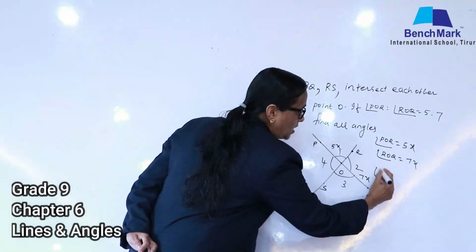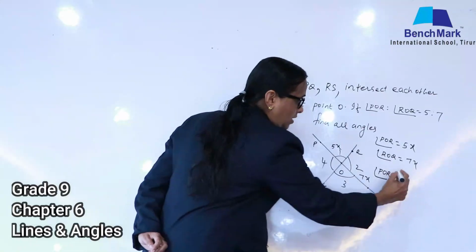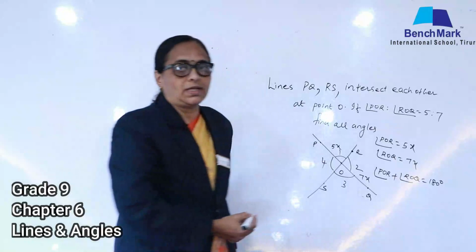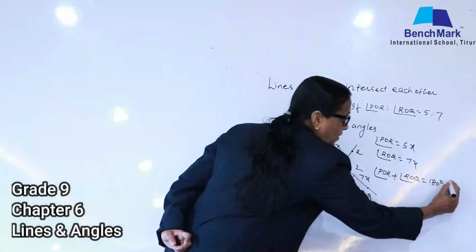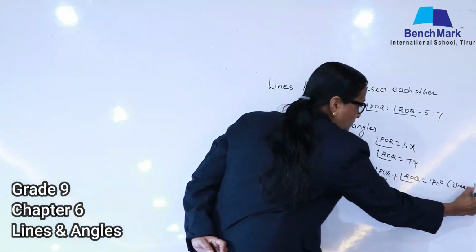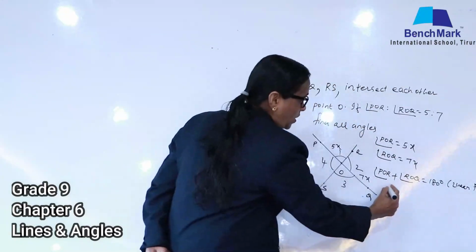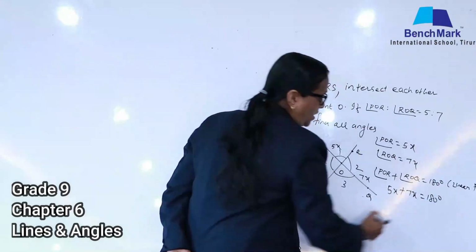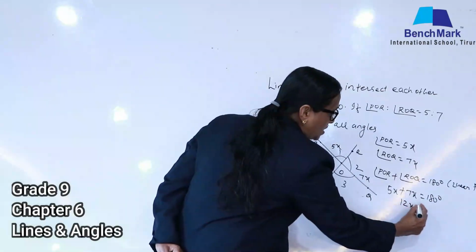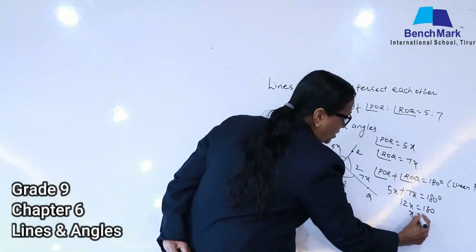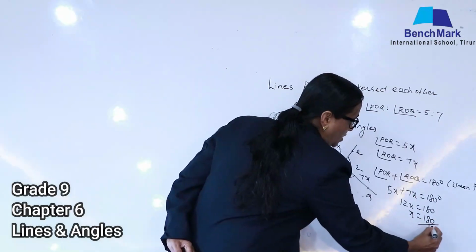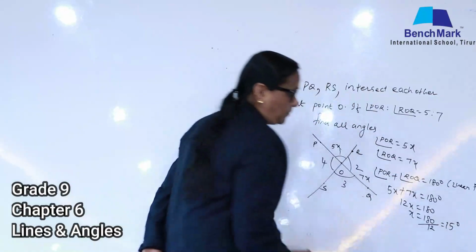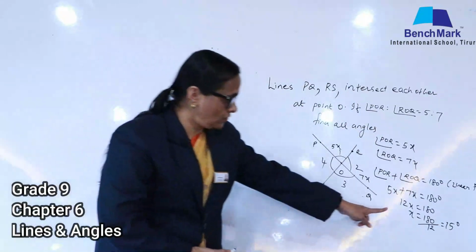So angle POR plus angle ROQ is equal to 180 degree. The reason is linear pair. So I can write 5x plus 7x is equal to 180 degree. 12x is equal to 180 degree. Therefore, x equal to 180 by 12, that is equal to 15 degree. So I got x as 15 degree.